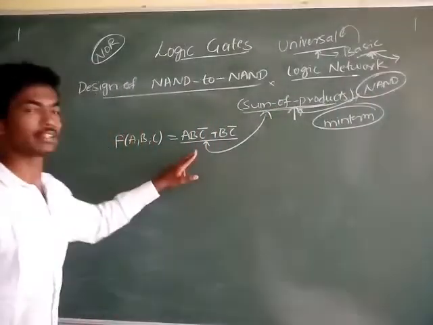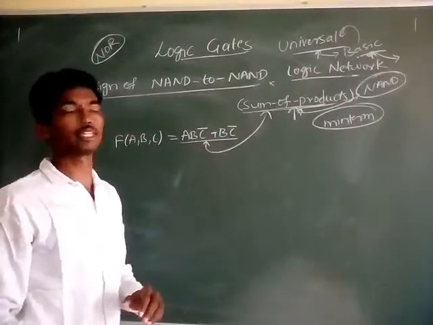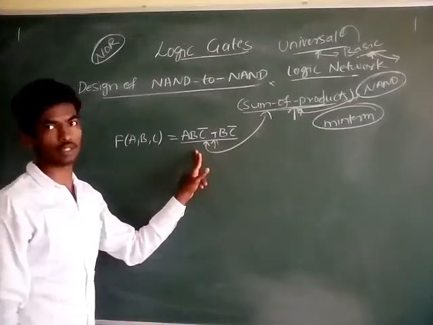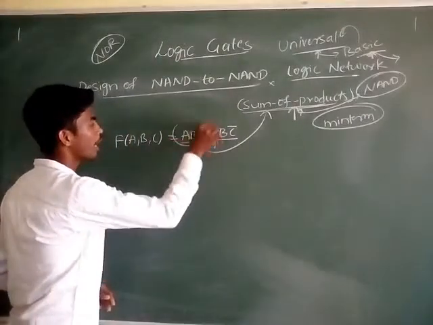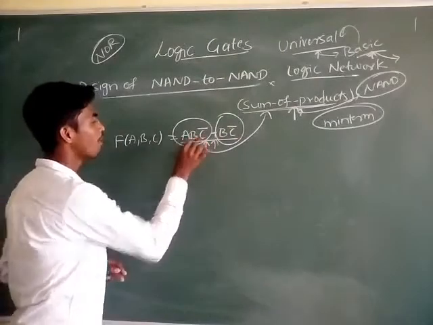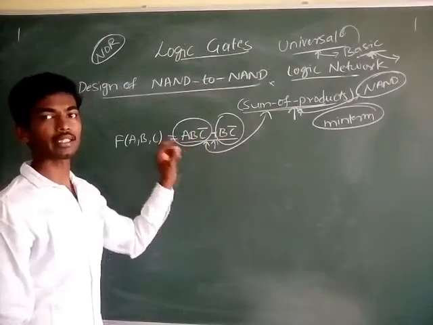Let us see. If you want to design the circuit for this one, first we have to see the operations involved in these products. Here we have a product between three literals.